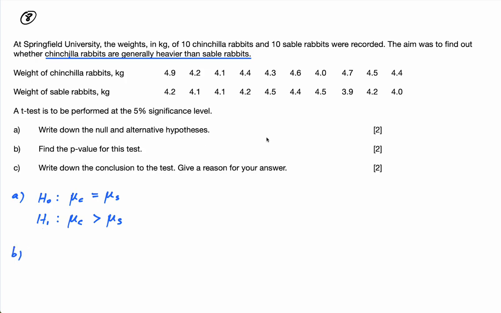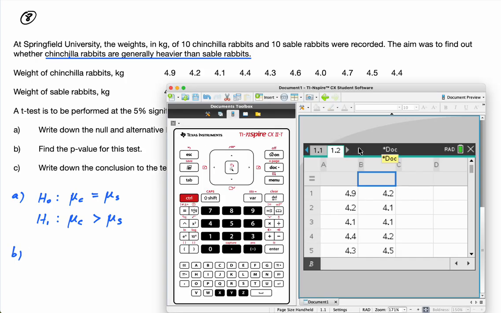Part b, find the p-value for the test. At this point, we go into the calculator. I've already put in the data here, guys. I'm going to call the lists whatever you want, as long as you know what you're doing. I'm just going to call it UC for mu C. I don't have a mu letter here, so let's just say UC, and then US.